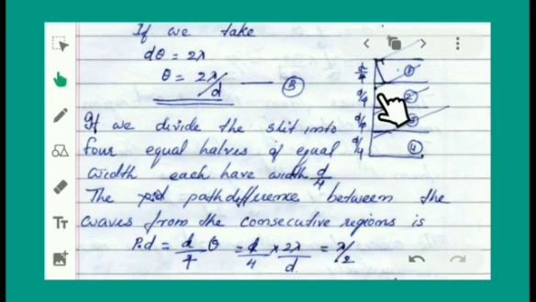Then the waves from the second and third interfere, third and fourth interfere, so any two we can take. Here we are taking the path difference between the waves from the first part and the second part. Here you will get d by 4 into theta, that is d by 4 into 2 lambda by d, that is lambda by 2.